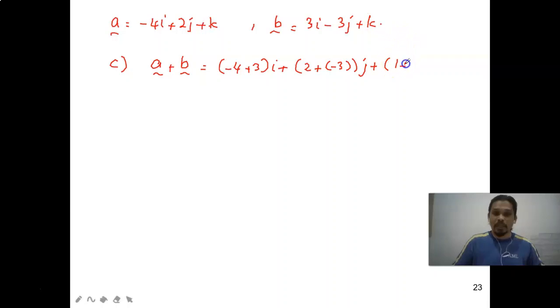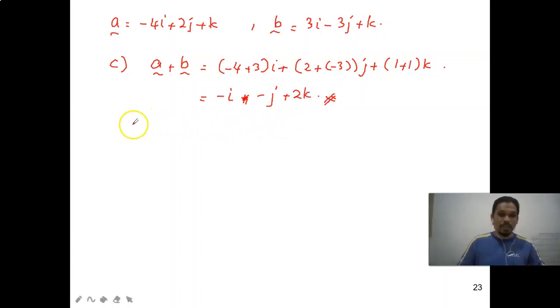So negative 4 plus 3 equal to negative i, 2 plus negative 3, so 2 minus 3 equal to negative 1 j, and 1 plus 1 equal to 2k.